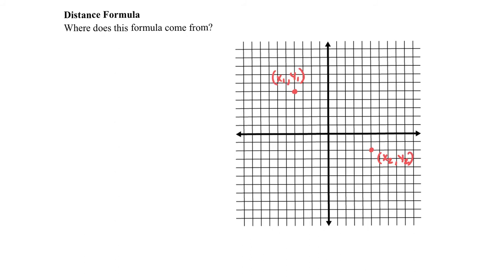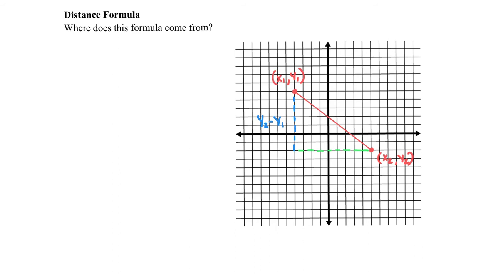Now, if I connect them with a segment, we can form a right triangle there and then to there. The length of the blue segment would be y2 minus y1.